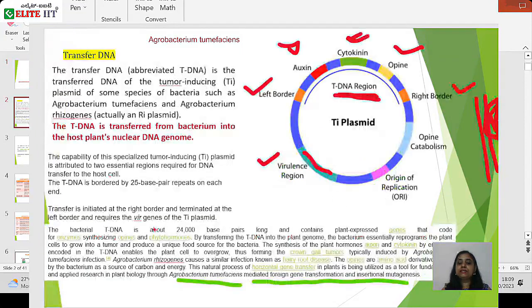Whereas if you consider another strain, Agrobacterium rhizogenes, the infection is exactly the same way as with the TI plasmid here, but the disease is known as hairy root disease in plants. So crown gall tumors are one, and the other is hairy root disease. Clear? Now, opines are mainly amino acid derivatives that are utilized by the bacterium, but auxin and cytokinin are plant hormones.